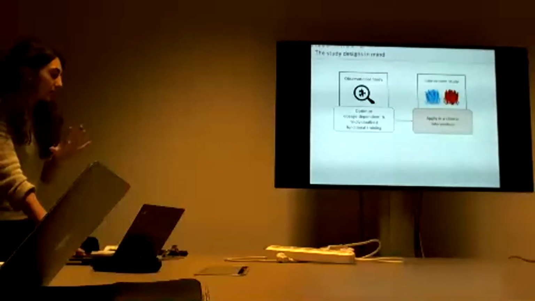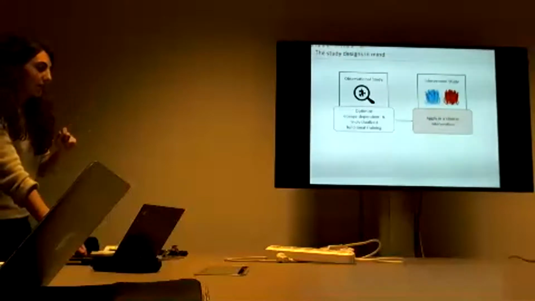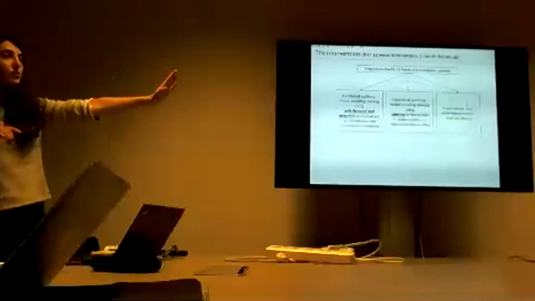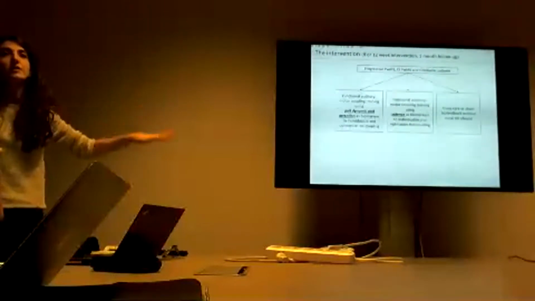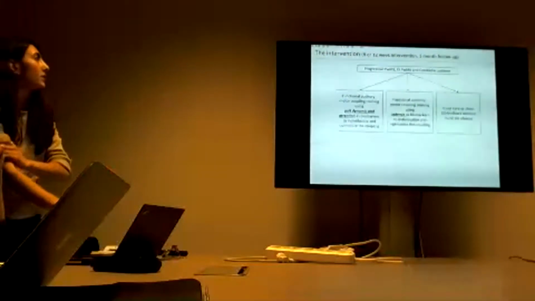And finally, we go into the application in a clinical intervention. So we have 3 different populations. The reason for the 3 different populations is that if we have answers for these populations, perhaps we can generalize them to other populations having the same symptoms. And this is quite valuable to the field.